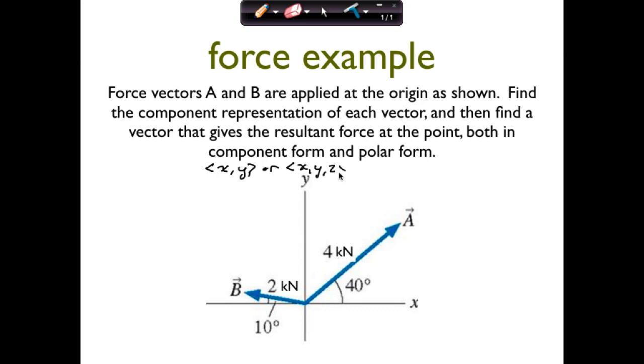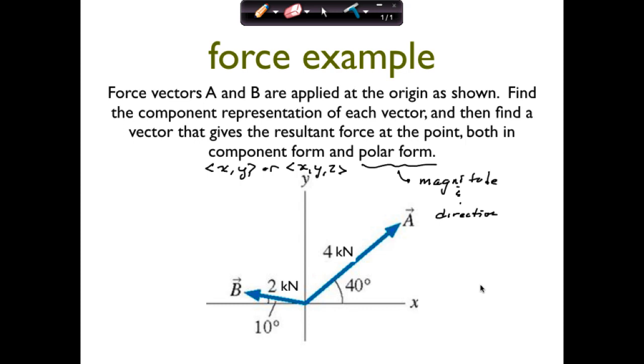Polar form is more like the way we understand a vector. A vector has magnitude and direction, right? And so these are in polar form. The magnitude is the magnitude of the quantity that you have, or the length of the vector if you draw it, and direction is the standard trig angle.